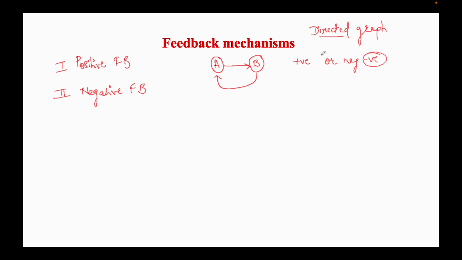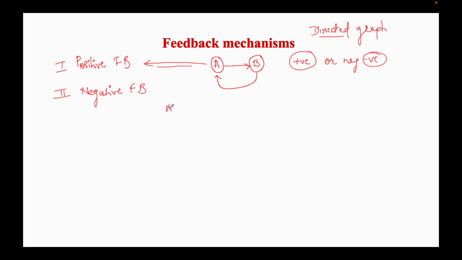Okay, so let's first take positive feedback, in which suppose node A is activating node B and node B further activates node A in a positive manner. This is the example of a positive feedback mechanism.